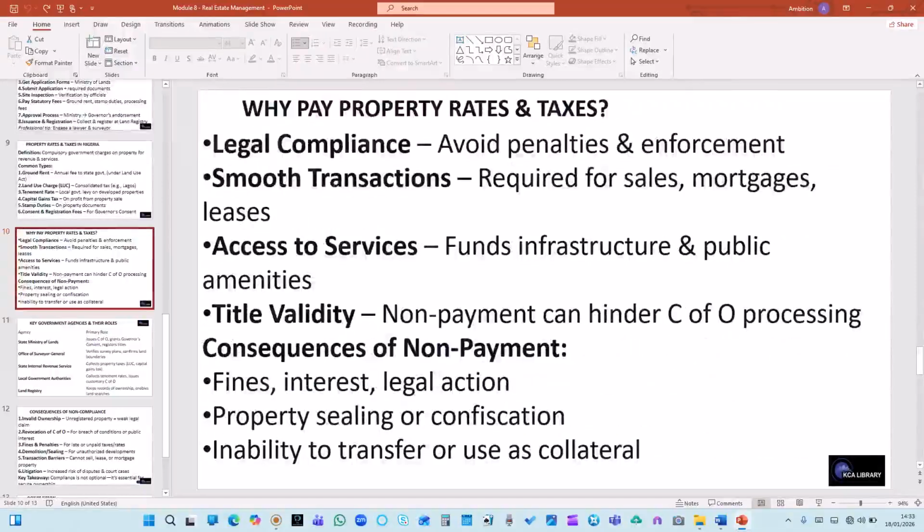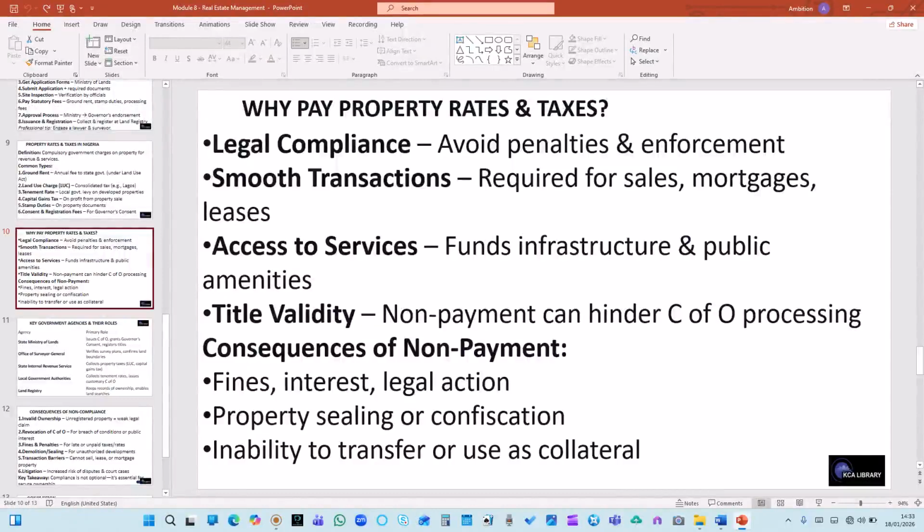Now, why do we pay tax and rate? Number one is legal compliance. One pays tax in order to avoid penalties and enforcement. Number two, smooth transaction. It is required for sales, mortgage, and lease. Number three, access to service.